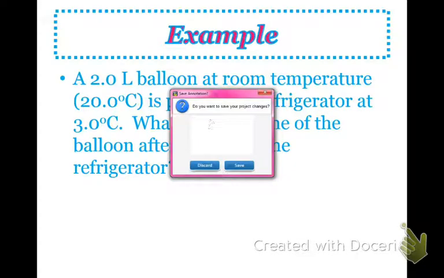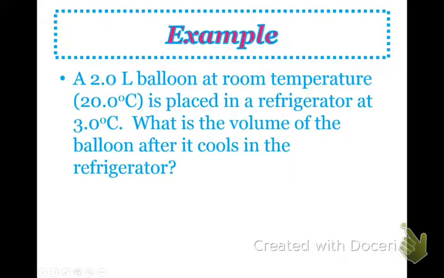Alright, so where was I? I was at 2 over 296 equals V2 over 276.